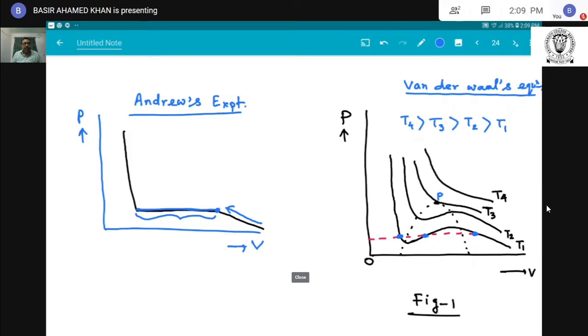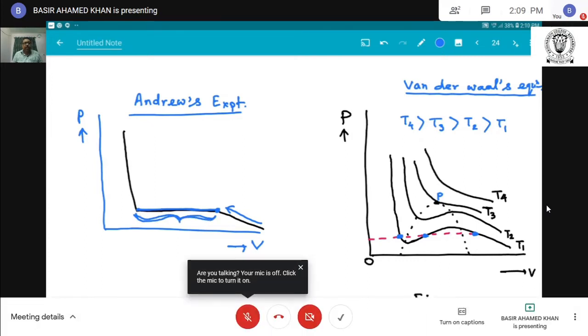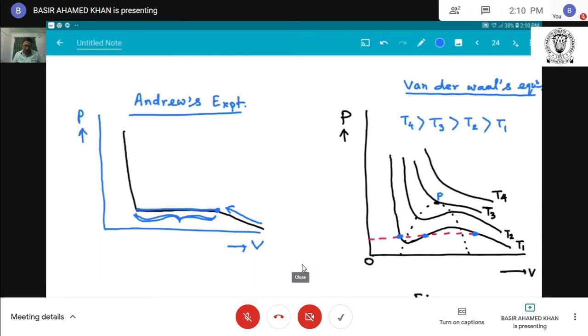That means condensation: the gas changes into vapor, and again on applying pressure the vapor turns into liquid. That means this is the horizontal portion, where the gas turns into vapor and vapor turns into liquid. Suppose this is A, this is B, this is C, this is D.